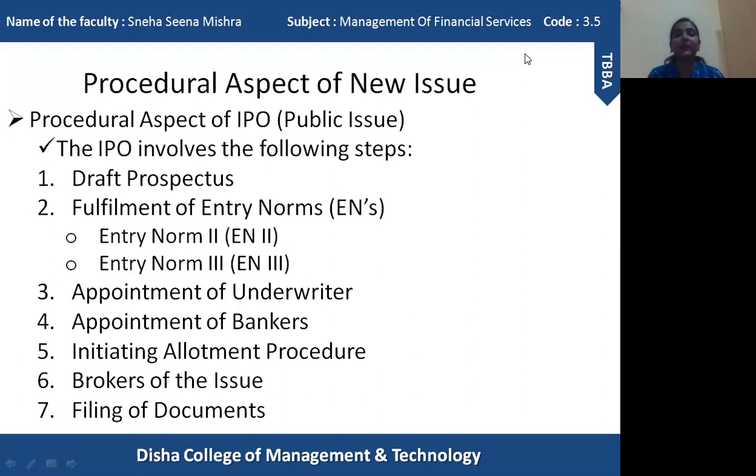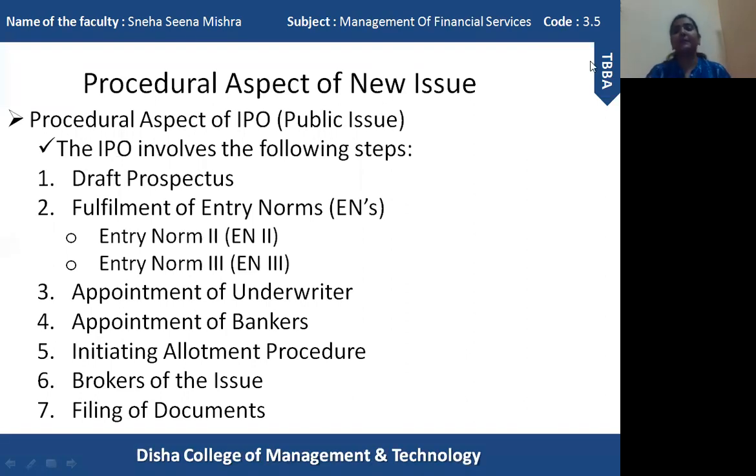In that session I explained the different elements needed to be disclosed in the prospectus. Now this prospectus needs to be submitted to SEBI, and they are going to analyze this prospectus before allowing the company to make a public offering.